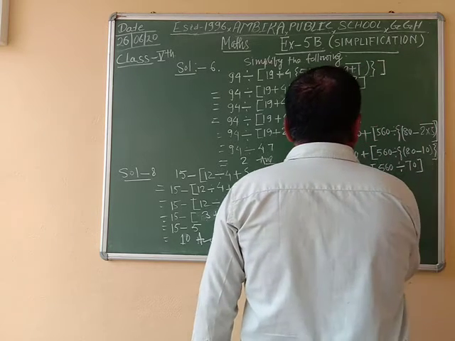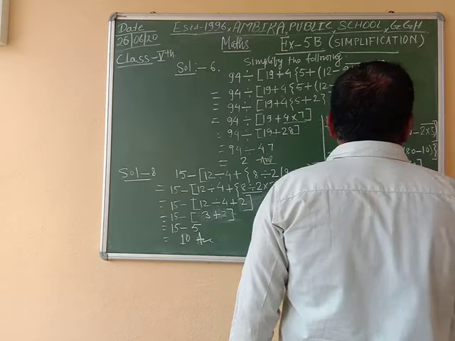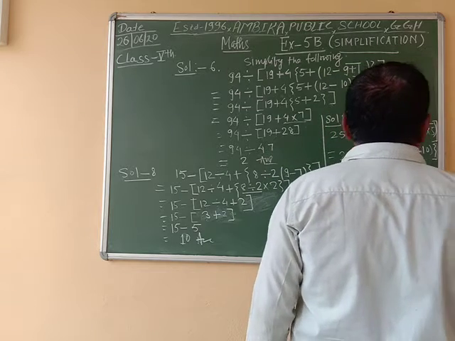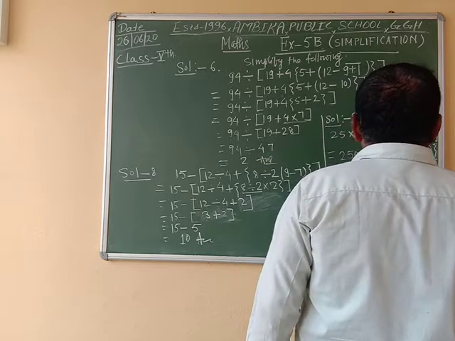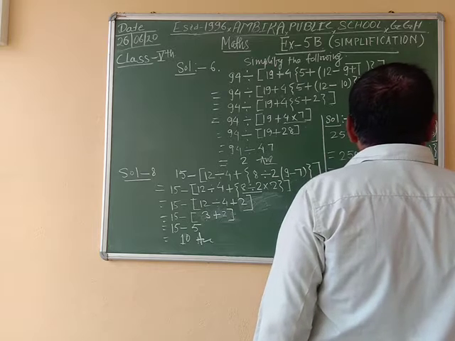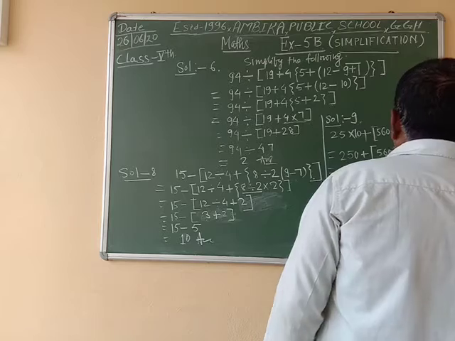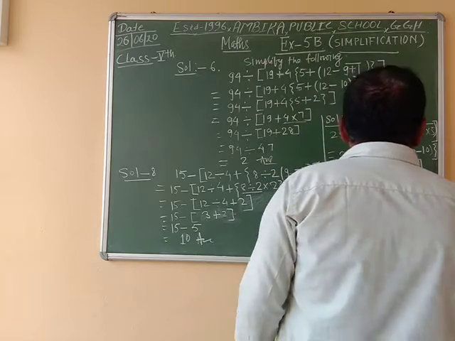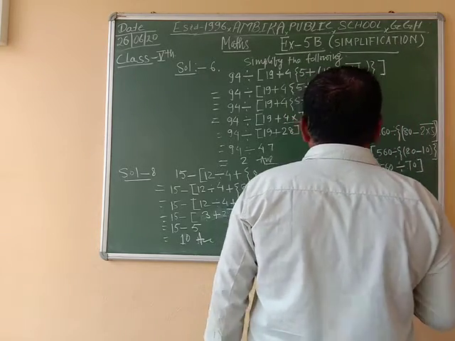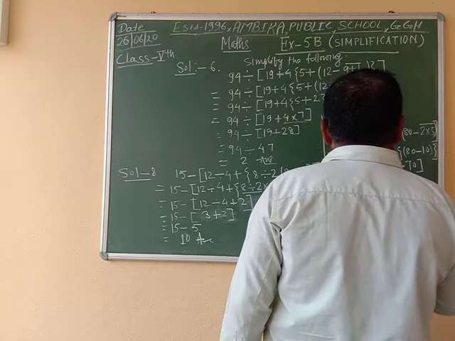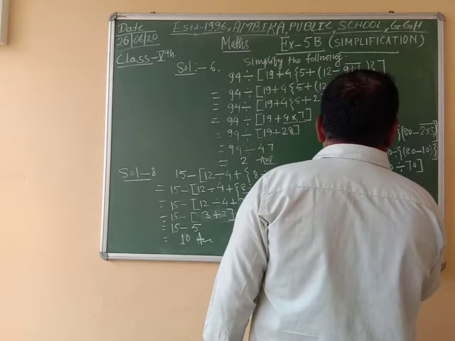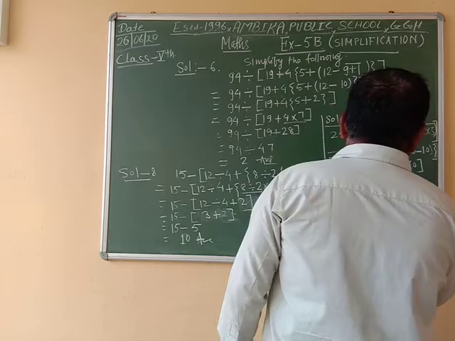Now we divide 560 by 70. If we divide 560 by 70, we get 8. Now we add 250 and 8. We get the sum 258.